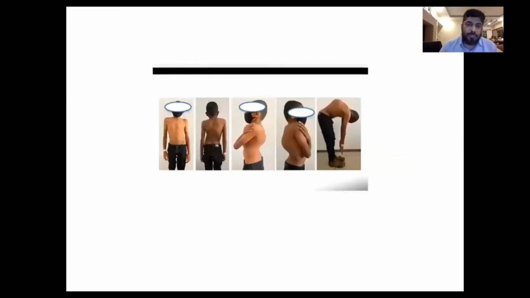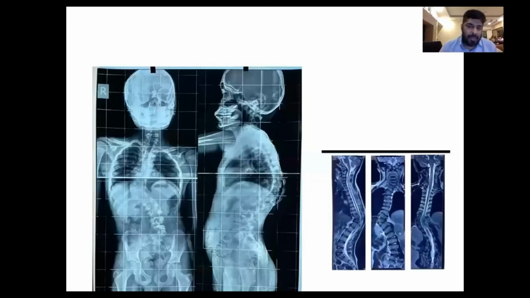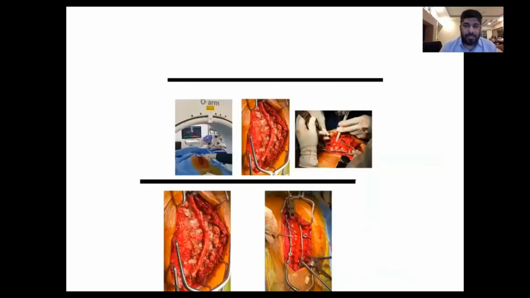We need to do all the proper investigations in such cases as routine, all the x-rays, the parameters, the MRI, where we really can plan whether you need to do a shorter fusion or longer, because the patient should not decompensate after your primary surgery. And in this particular case, we plan for deformity correction and kyphoscoliosis correction along with hemivertebra excision.